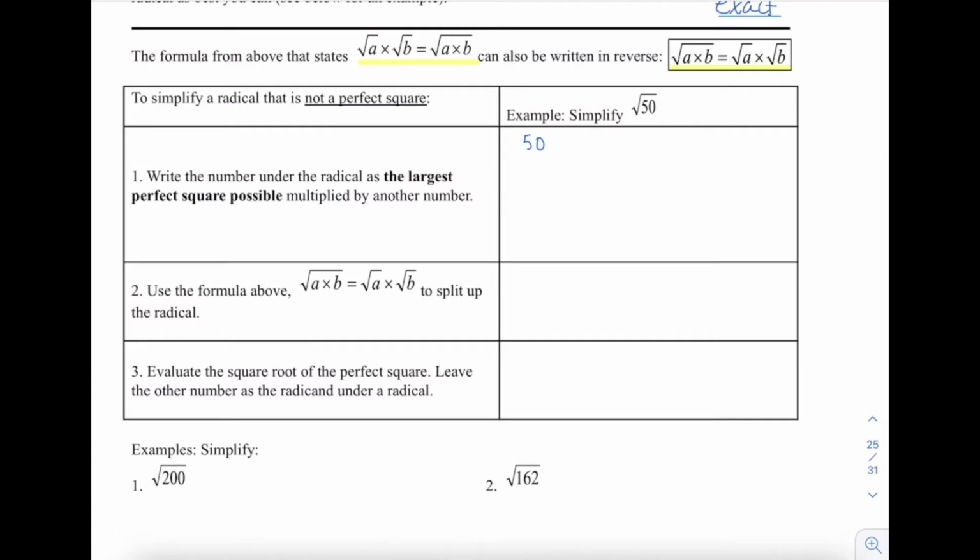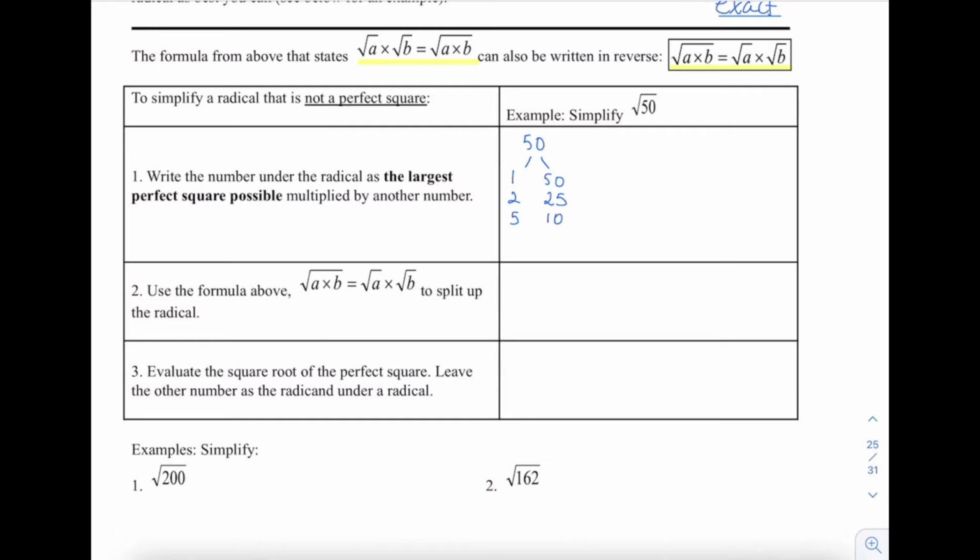It says, write the number under the radical as the largest perfect square possible multiplied by another number. Well, before we can do that, we need to list out all the factors of 50. And I think I've got them all here. And then what we want to do is decide which one here is the largest perfect square possible.